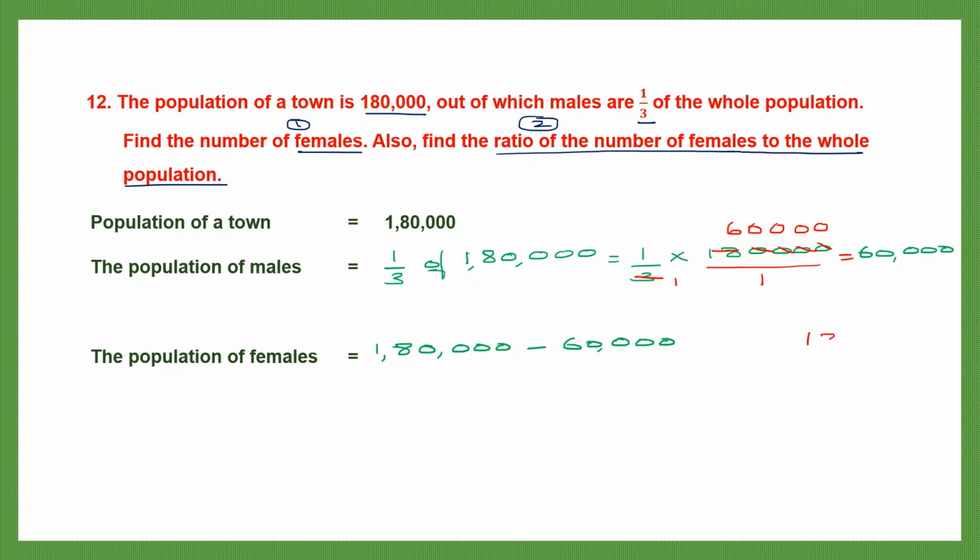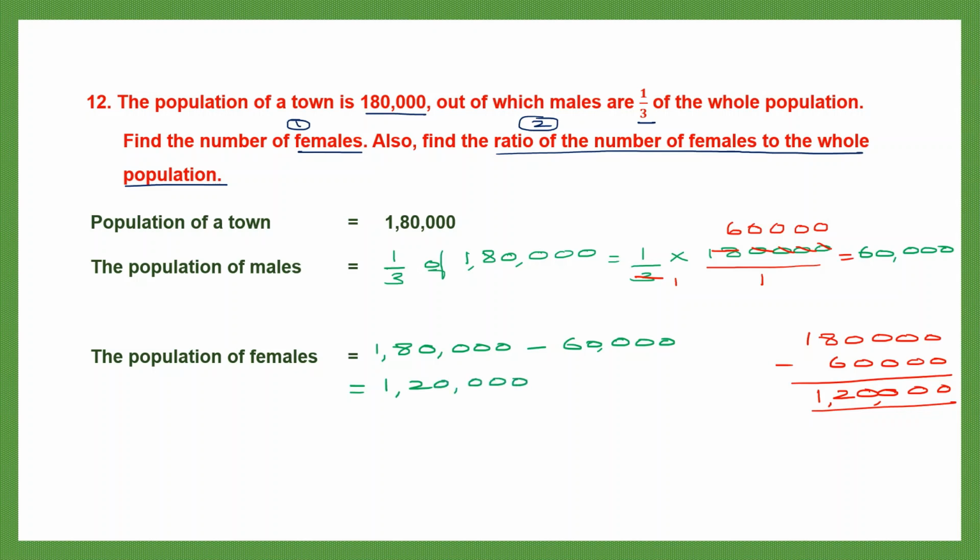So 1,80,000 minus 60,000. So let's do that. 0. Now 8 minus 6 is 2 and here we have 1. So that is 1,20,000. So we have now the number of females, that is 1,20,000 females.